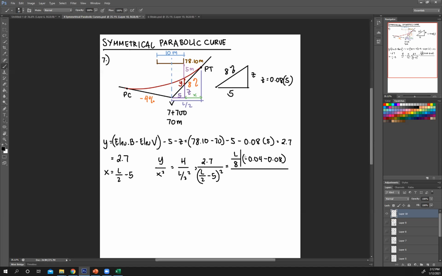This is an absolute value, by the way. Then L over 2 squared.